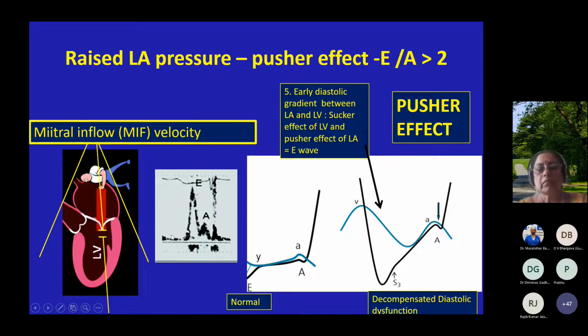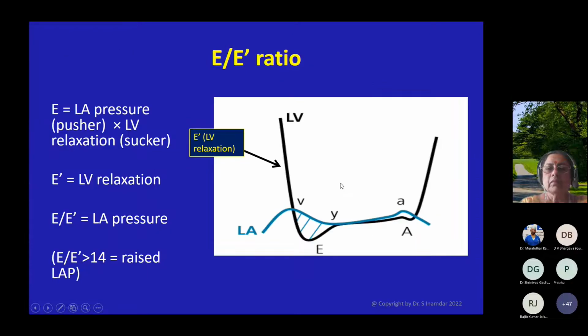LA has to push all the blood in the early phase only. So E is tall and there is hardly any blood in the left atrium. So A is very small, and besides that, the atrium is not able to push later on against the high raised LVEDP. So this is decompensated diastolic heart failure or dysfunction, and mainly the pusher effect is applying over here.